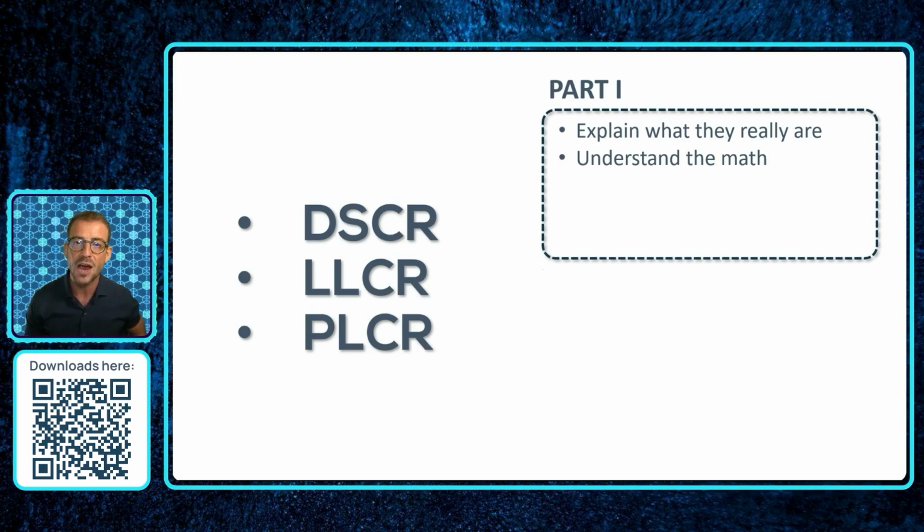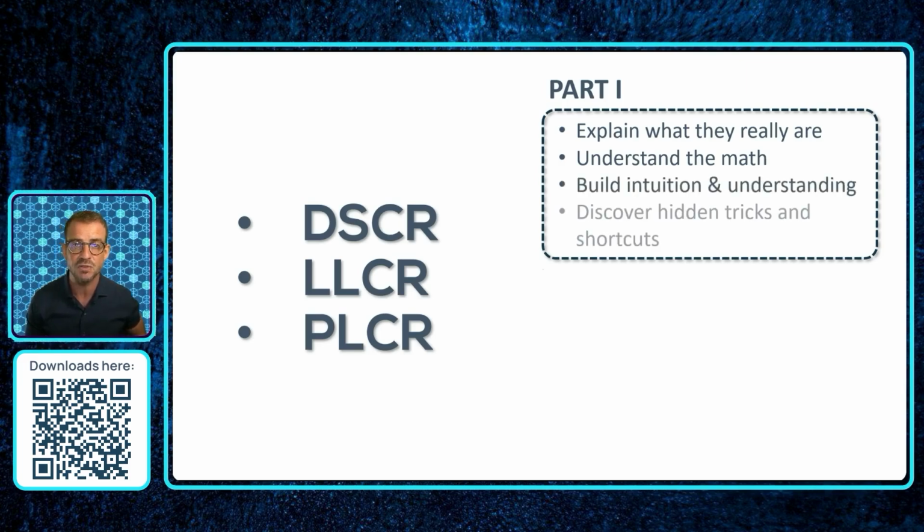You'll also learn how to uncover hidden relationships between these ratios that will strengthen your understanding further and leave you with a set of handy tricks and shortcuts that will help you avoid confusion with your work and help you work more efficiently, saving you time and unnecessary hassle.